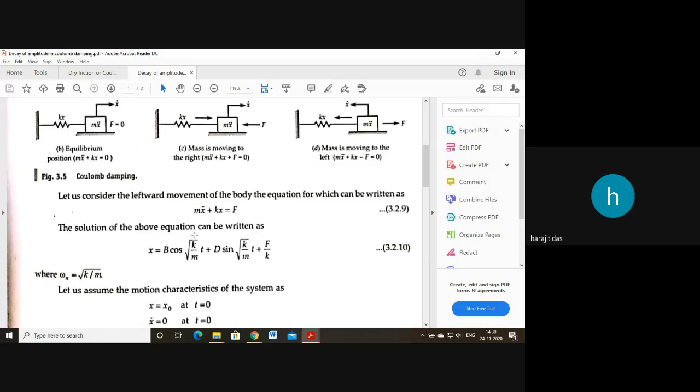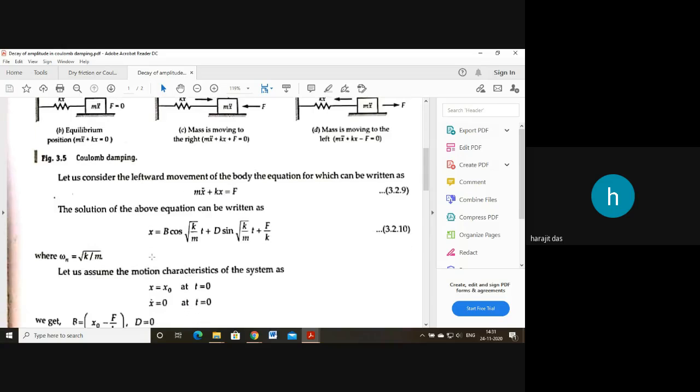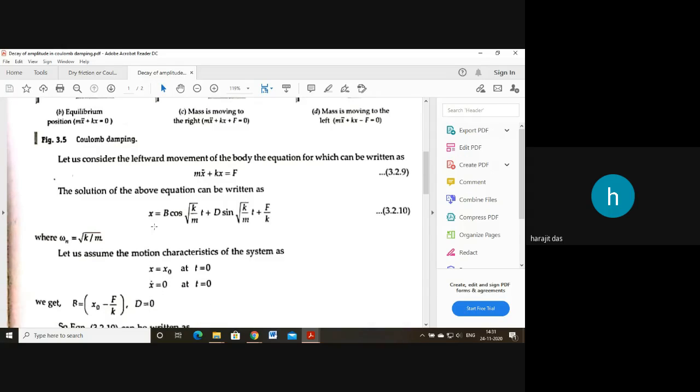For this solution, we will put the boundary conditions. First we will differentiate x with respect to t, then we will get the velocity. You can also practice this, but here it is directly shown. We will differentiate it once, and then put in the boundary conditions.